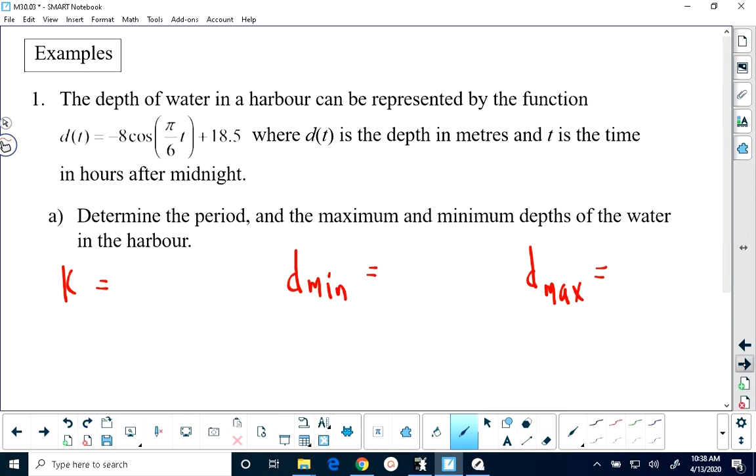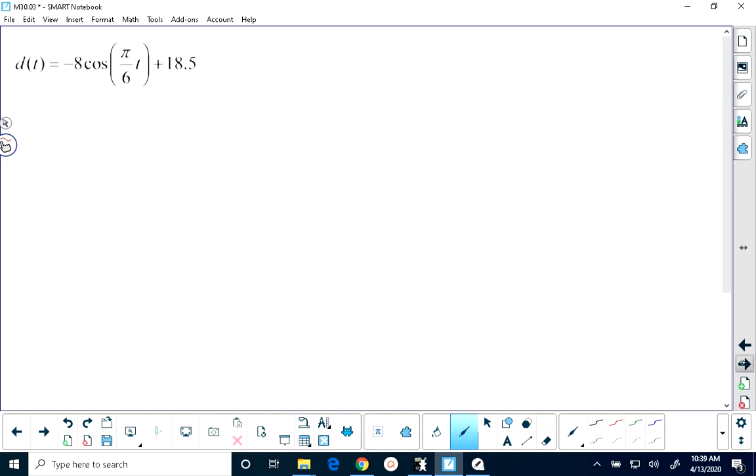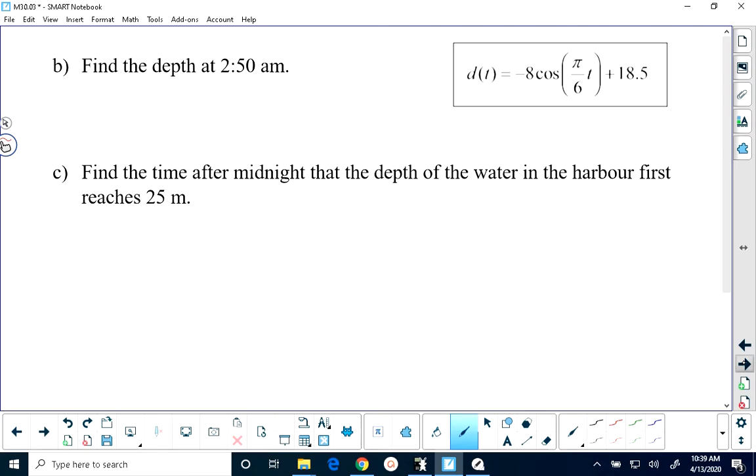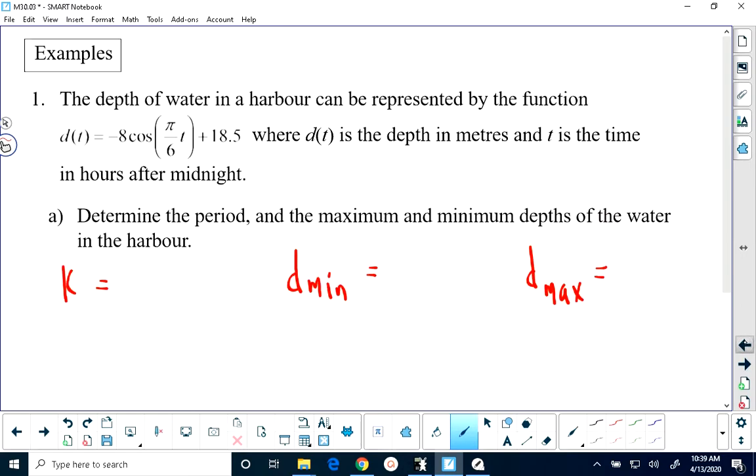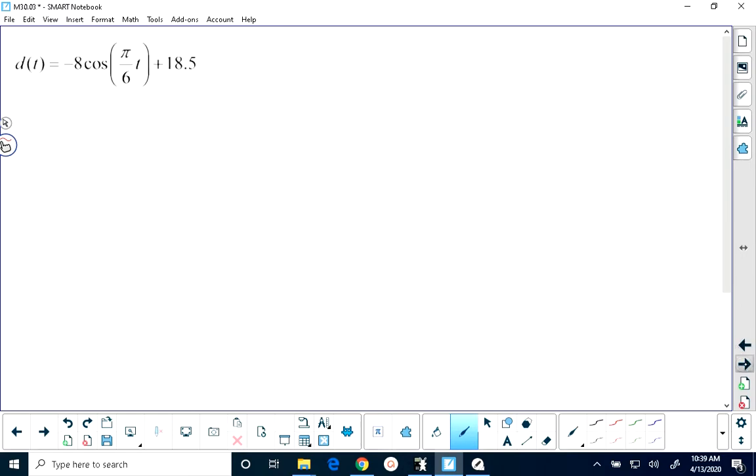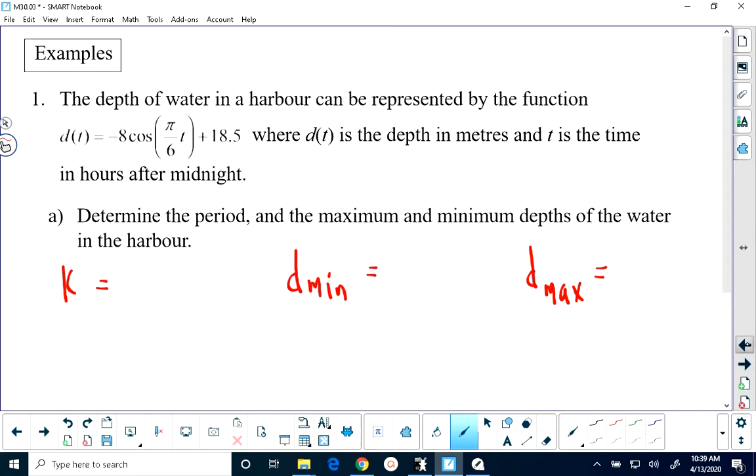You need these things to look at the graph properly. So even if I didn't ask you to do this in A, and instead I simply said to you, use that function to find the depth of the water at 2:50 in the morning, you still need to find the period and the maximum and minimum values of the function in order for you to answer the question.